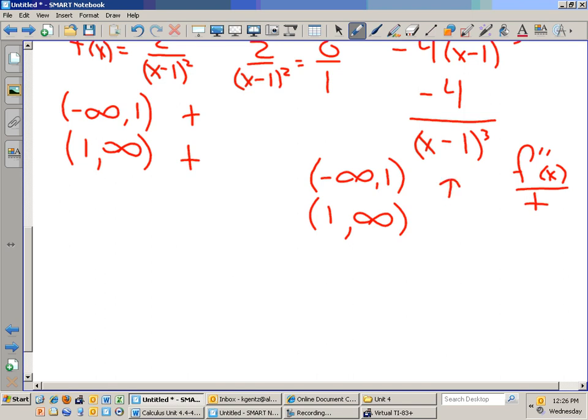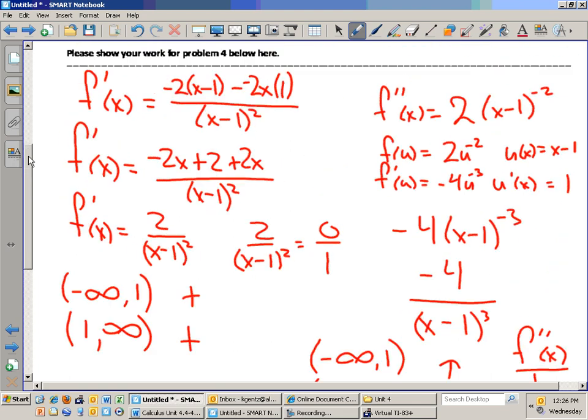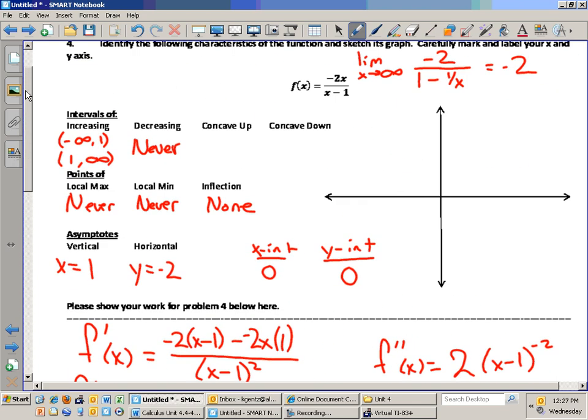And if we plug in a number here, say 2, 2 minus 1 is 1, to the third is 1. Negative 4 divided by 1 is negative 4. It's negative, so it's concave down there. So negative infinity to 1 and 1 to infinity: concave up from negative infinity to 1, concave down from 1 to infinity.